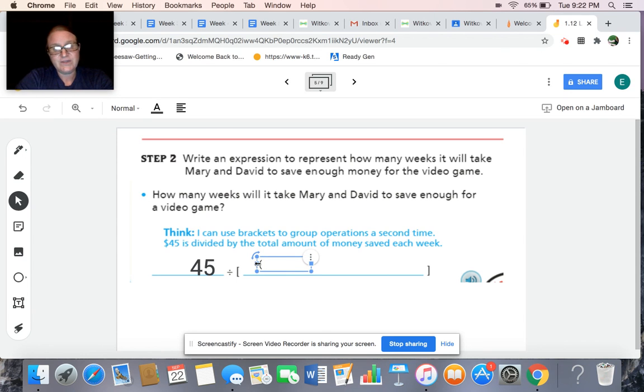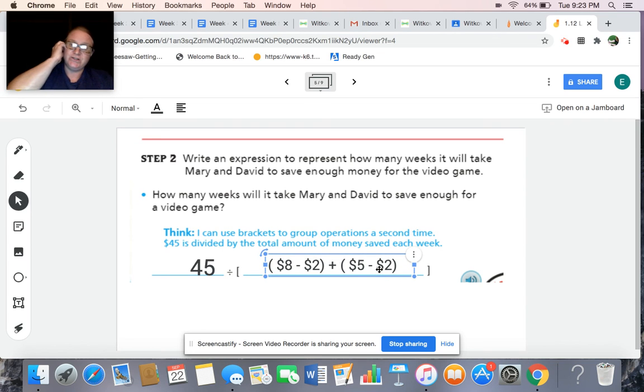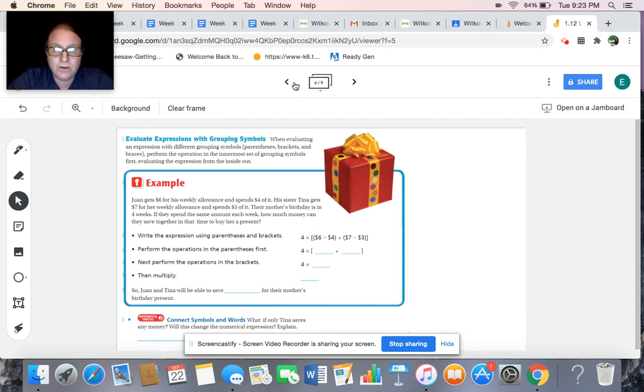So Mary saved $8, but she spent $2. And add, David saved $5, but he also spent $2. So we have our expression 8 minus 2 plus 5 minus 2. So if we do 8 minus 2 first, let me check the next slide. Whoops.